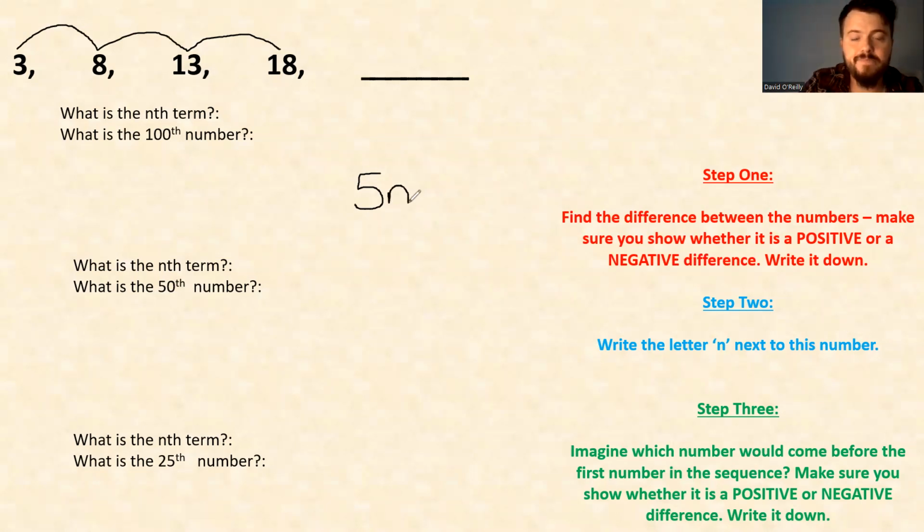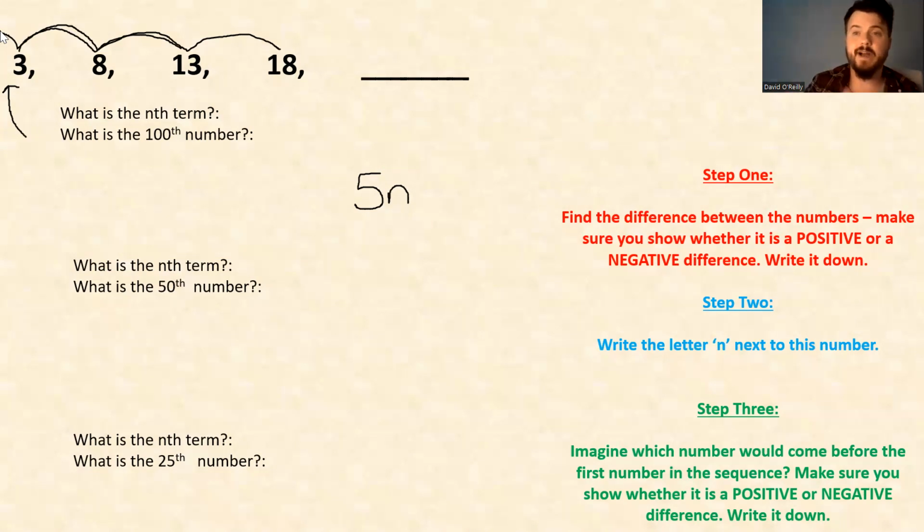Done. And then finally, step 3, imagine which number would come before the first number in the sequence. Make sure you show whether it's positive or negative and write it down. What we're being asked is, what would the number be before the 3? If this sequence had started one number earlier, what number would it be? Since the sequence is increasing by 5, all we need to do is go back 5 from 3.